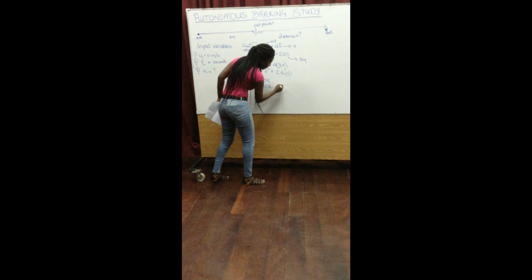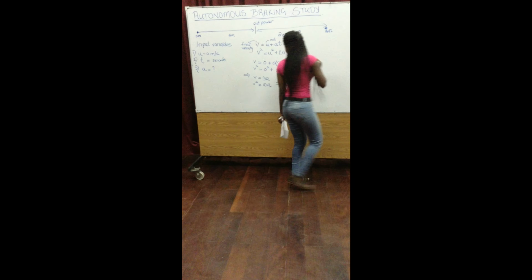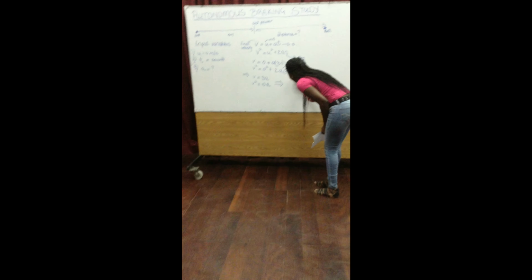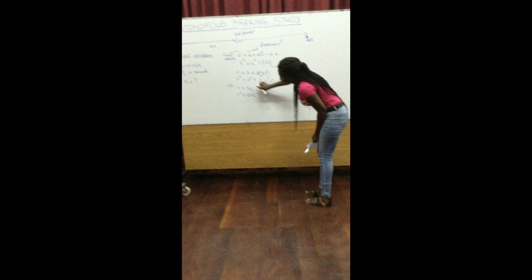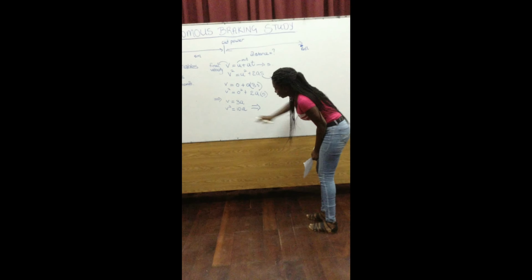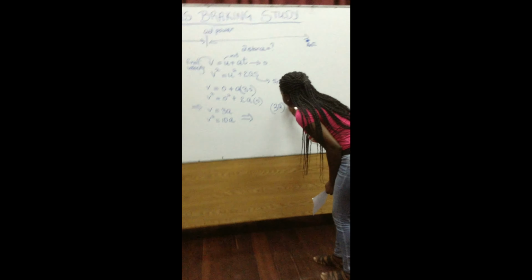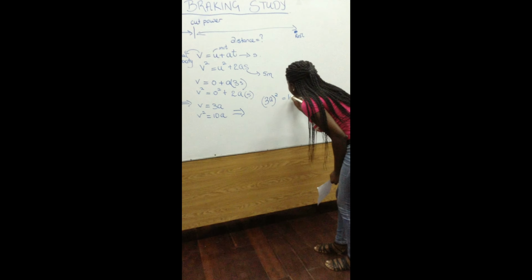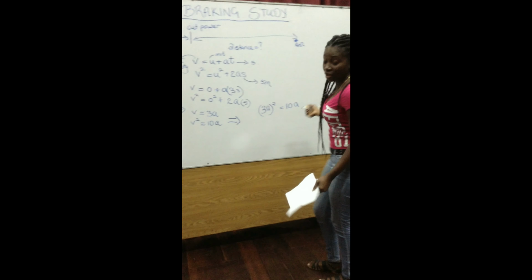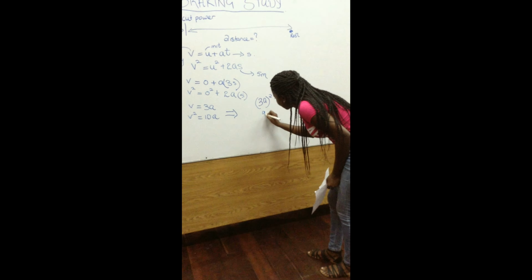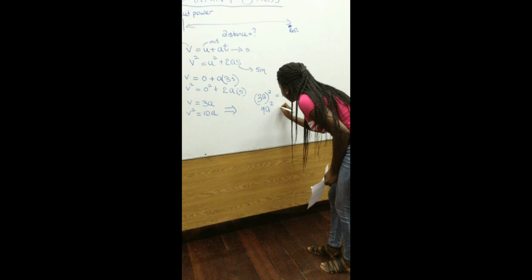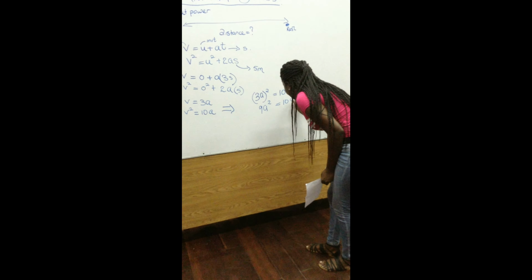Since v is equal to 3a, we can substitute in here, v squared. So therefore, we'll get 3a squared is equal to 10a. 3a squared, so this would be 9a squared is equal to 10a.